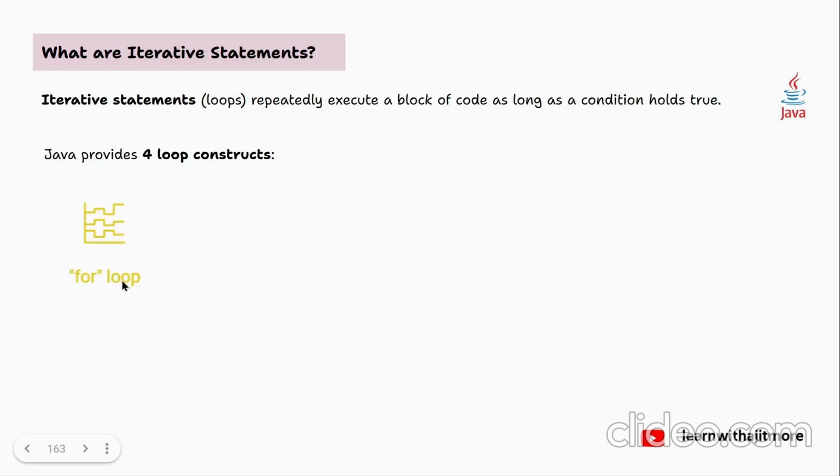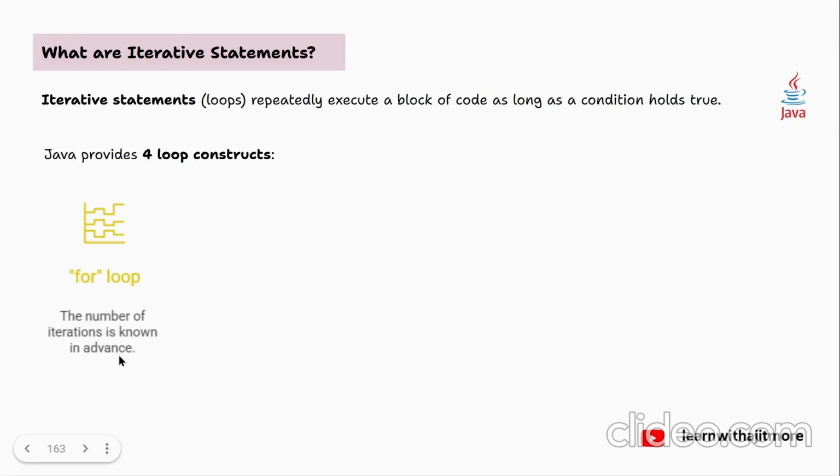First is the for loop. Generally, for loop is called enumeration controlled. Why? Because here the number of iterations is known. Generally, they say for loop is to be used for that type of repetition where the count is known. Correct? So the number of iterations is known in advance.